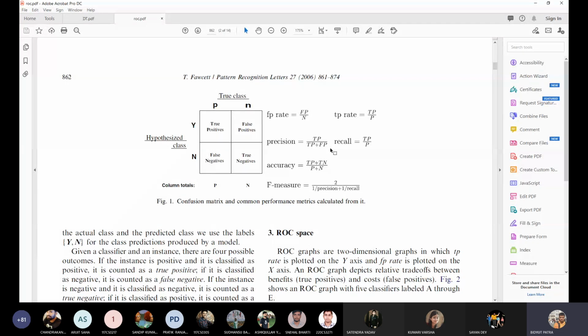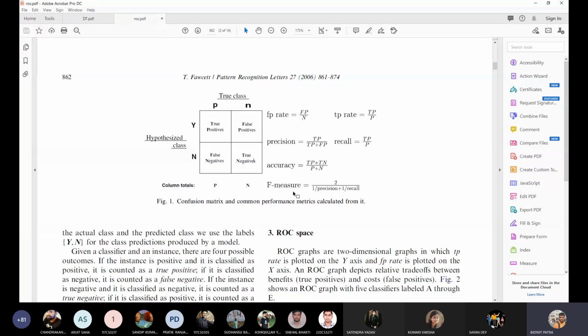Now the question is, how do you measure with a single value, because precision and recall give two values? One classifier has very good precision, another has very good recall. So how do you measure which one is actually really good? Therefore, combining these two measures, one measure came up, called the F measure.